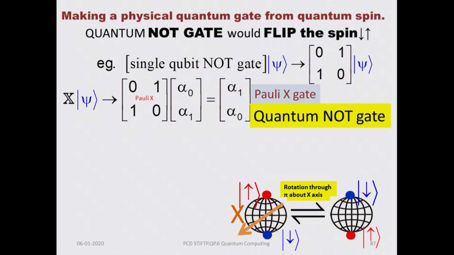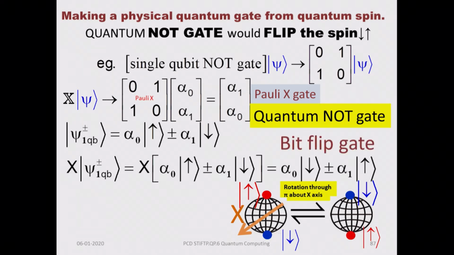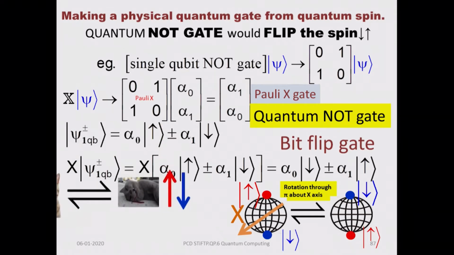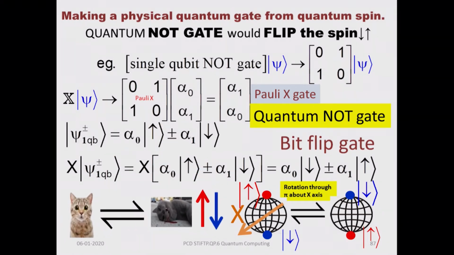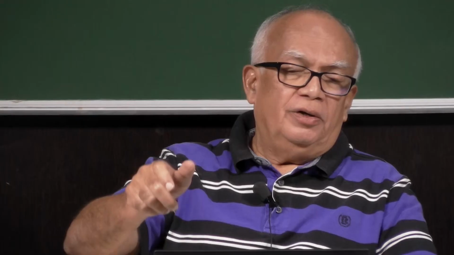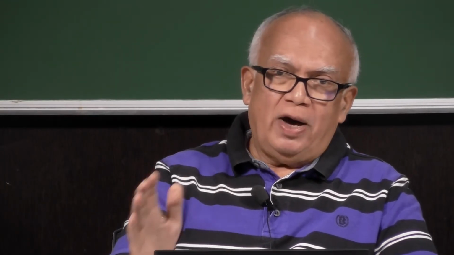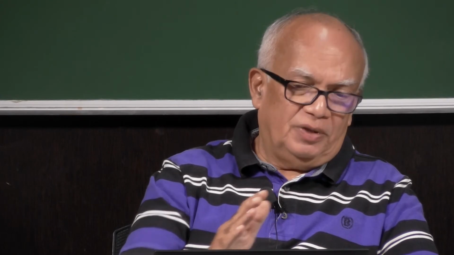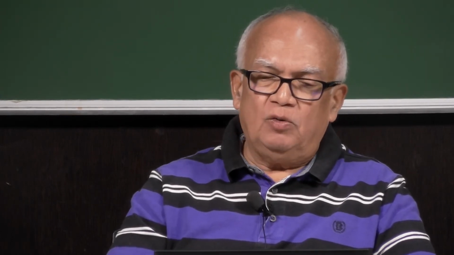This is represented by the Pauli X gate, the Pauli NOT gate, right? This is also called a bit flip gate because that's exactly what it does. And it is going to take the state 0 to 1 and 1 to 0. So that is the objective of the quantum NOT gate.